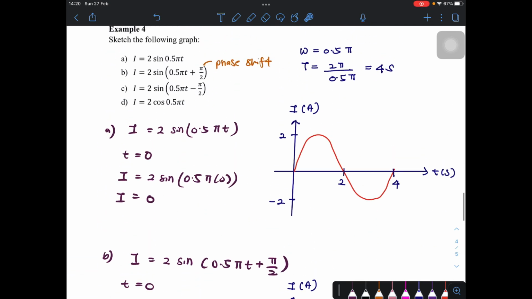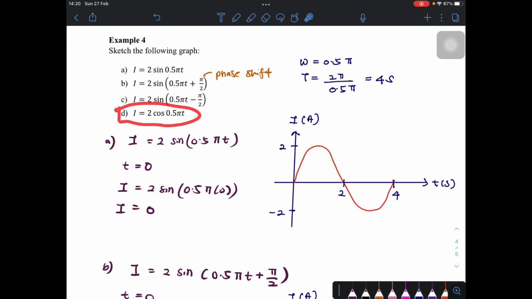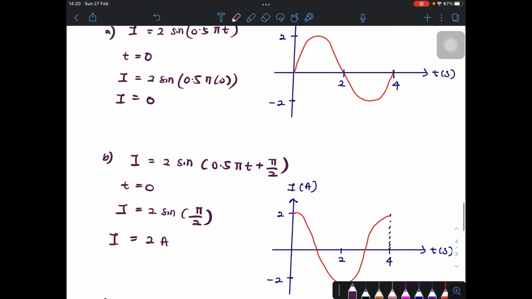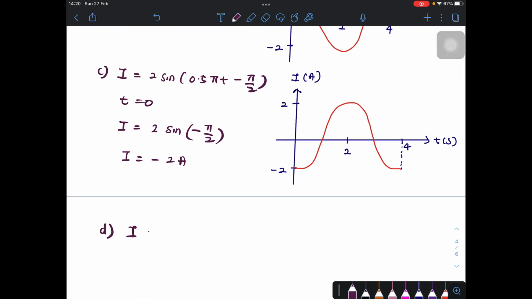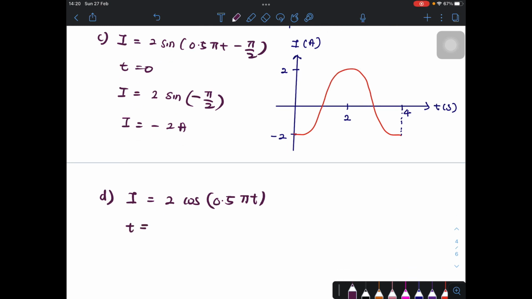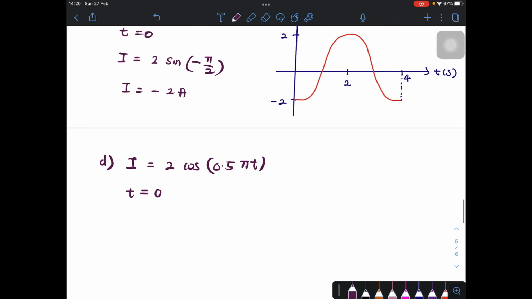Okay, and last one. So last one kita ada in terms of cos. I is equal to 2 cos 0.5 pi t. So this one, kalau kamu ingat macam mana kita punya graf untuk cos, kamu boleh terus lukis. But if you don't remember what is the bentuk untuk graf cos, kita boleh gunakan method yang sama di mana kita substitute value untuk t.